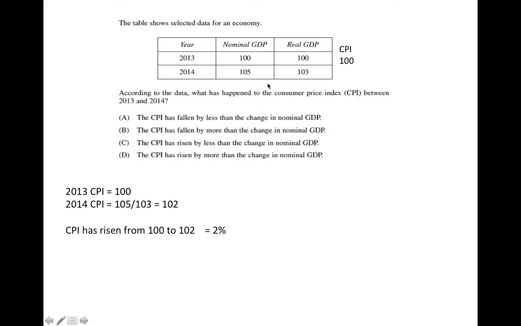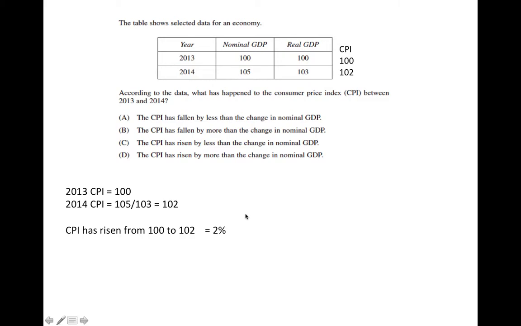Remember I said before that real GDP is adjusted for inflation. So what we can do is go 105 divided by 103 to get 102. Okay, so our CPI in 2014 is 102. And so what we can see now is that it has risen. It's gone from 100 to 102, so it's risen by 2%.